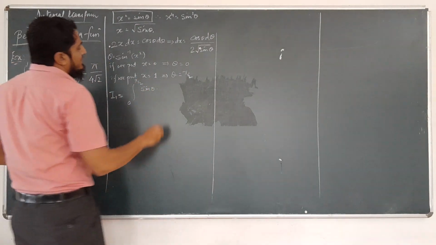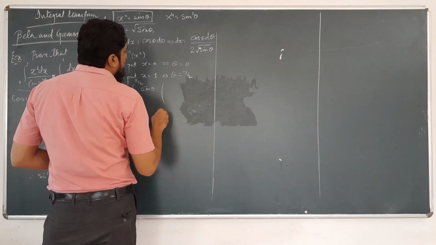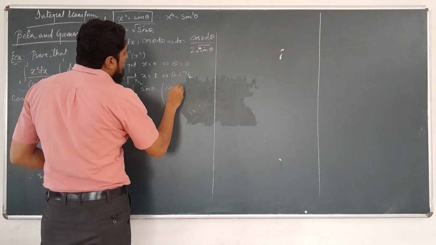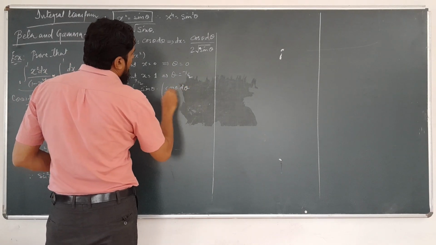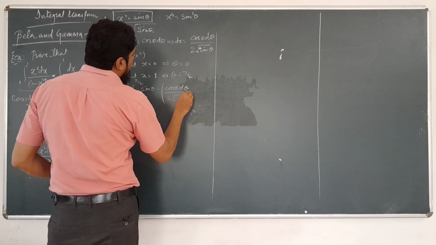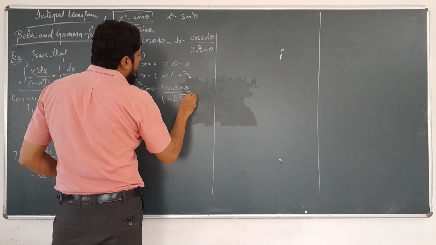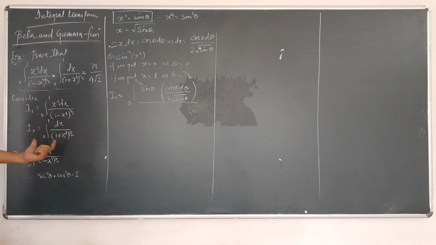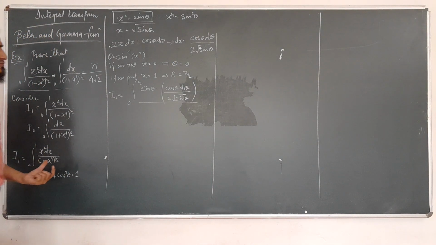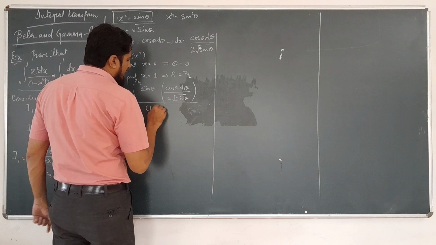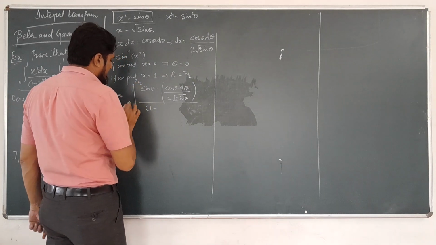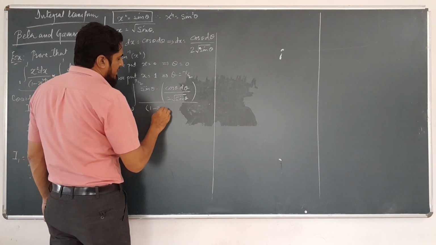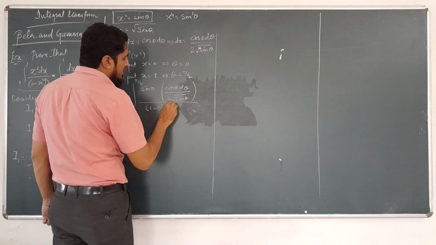Then dx means cos theta d theta upon 2 root sin theta. Correct? And the 1 minus x raised to 4 becomes 1 minus sin square theta.